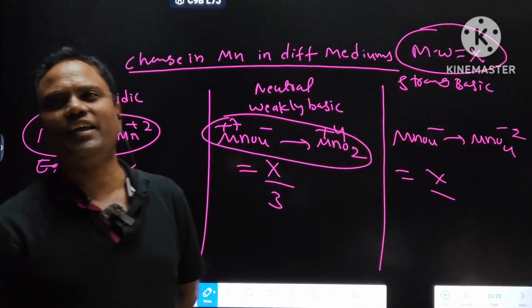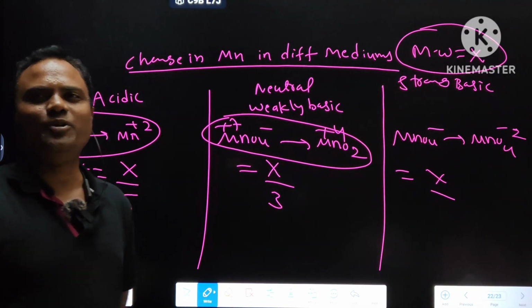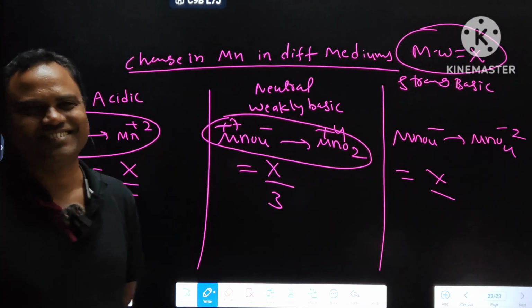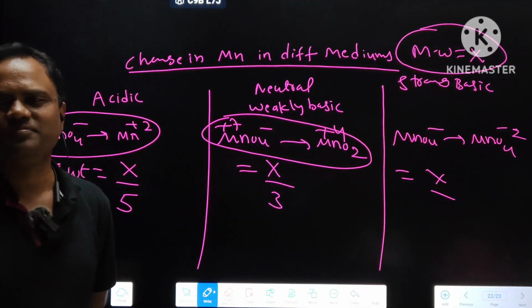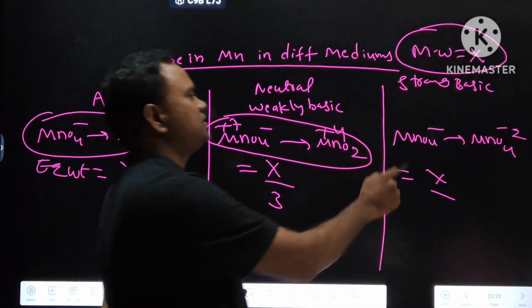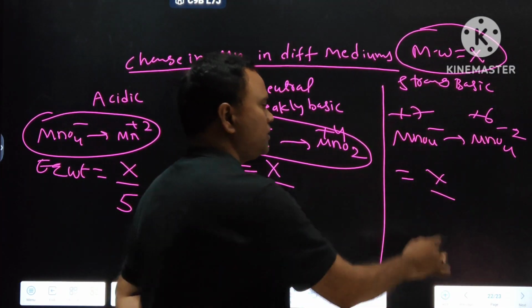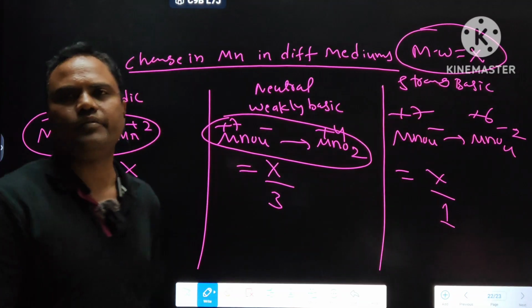On this side it is +7 and on this side you will get +6. So the equivalent weight is equal to molecular weight by 1.